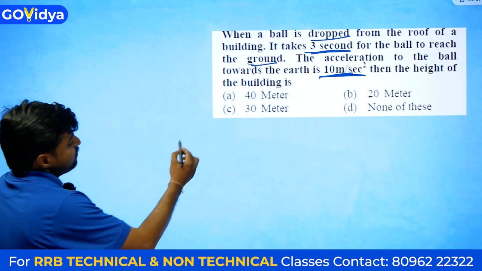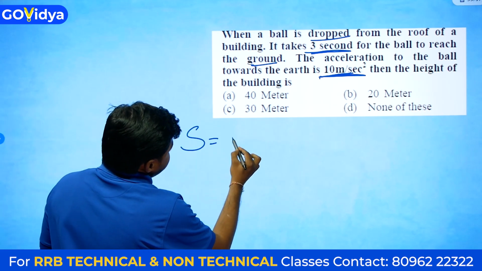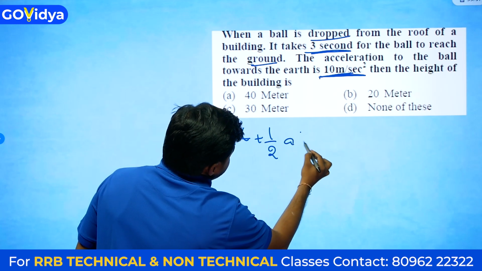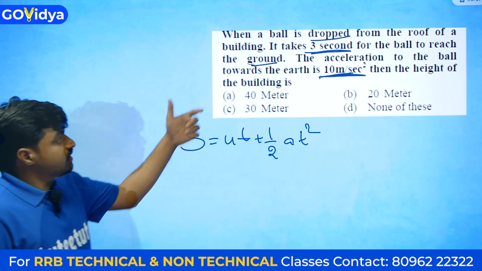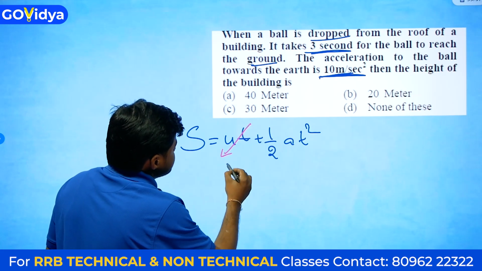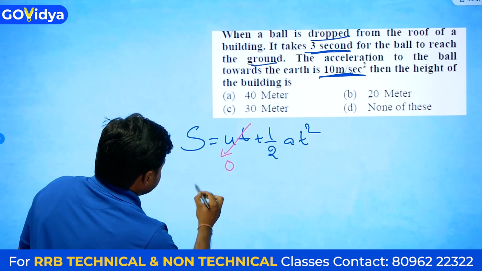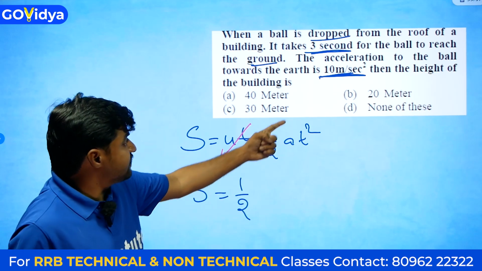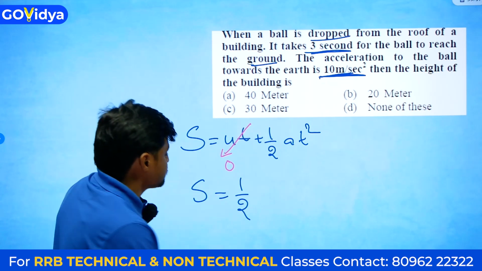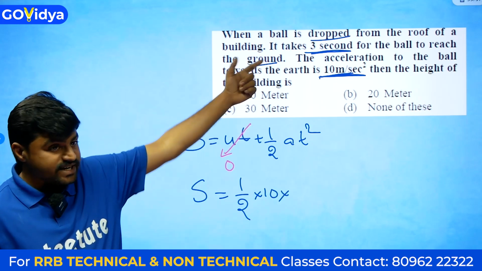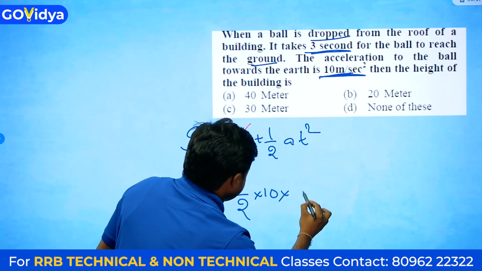We know that s is equal to ut plus 1 by 2 at square. The ball is dropped from the roof, so initial velocity is 0, u is equal to 0. s is equal to 1 by 2, acceleration is 10 meter per second square, and time is 3 seconds, 3 square.